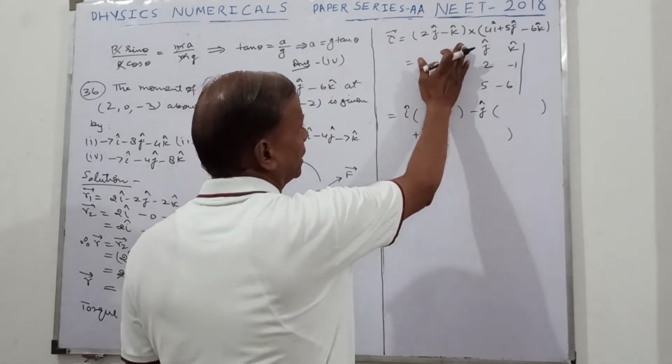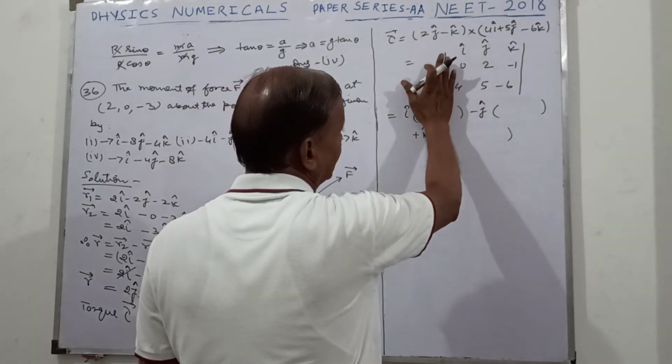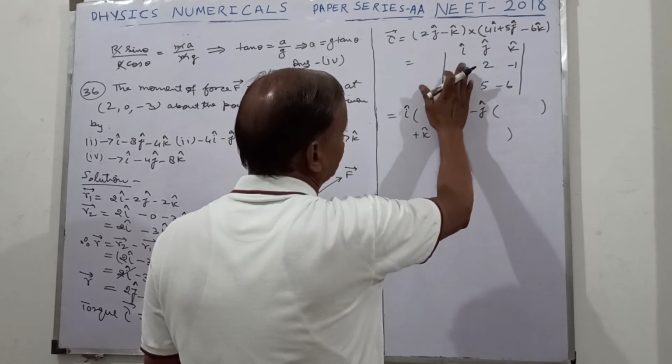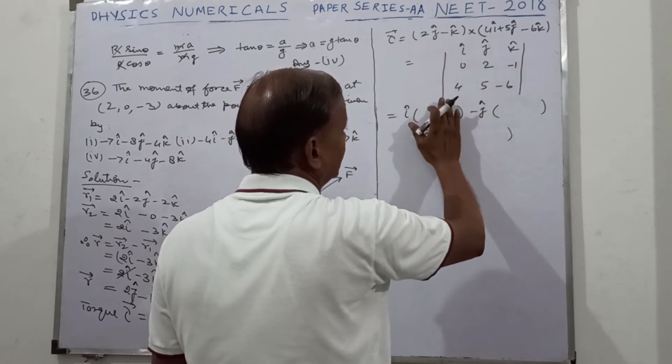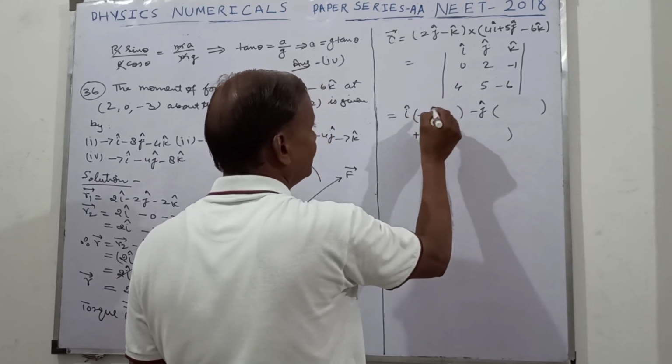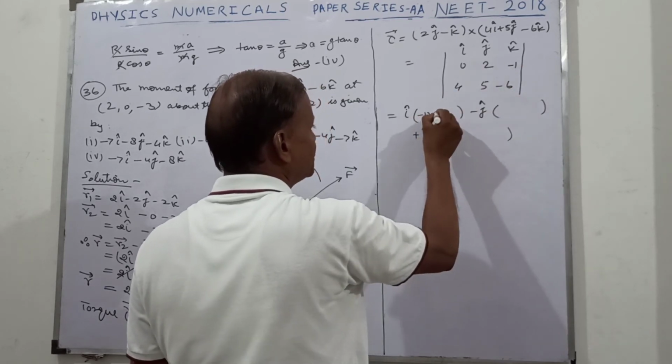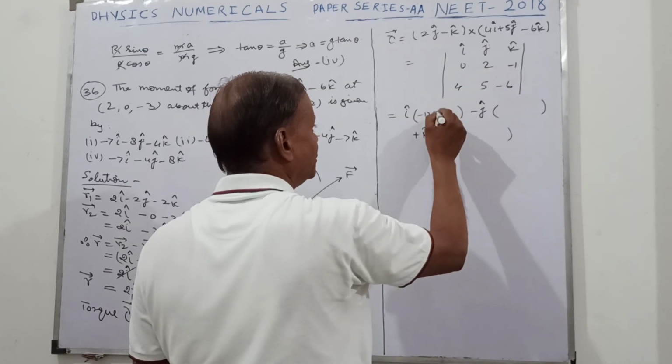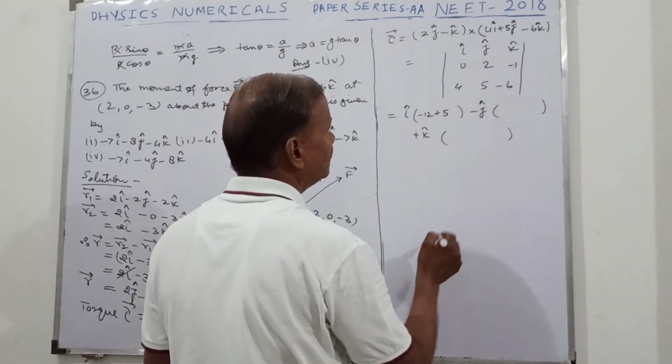For i, we cover its row and column: 2 times minus 6 is minus 12, and minus 1 times 5 is minus 5, so minus 12 plus 5.